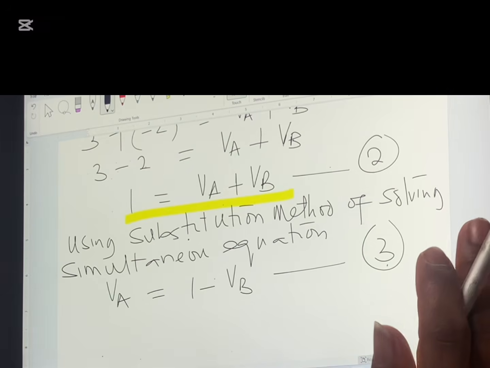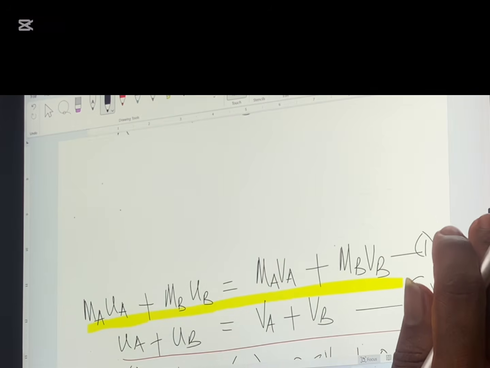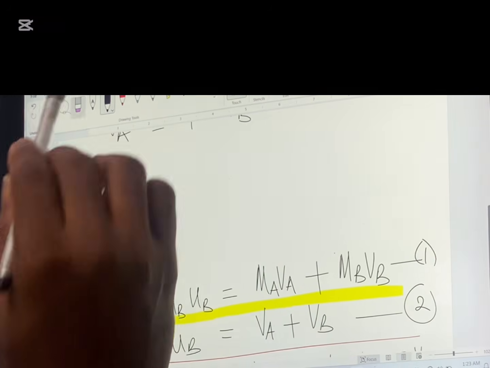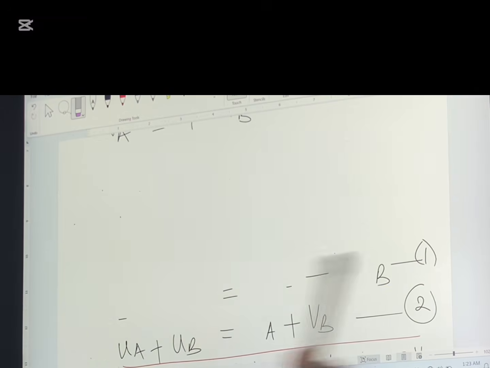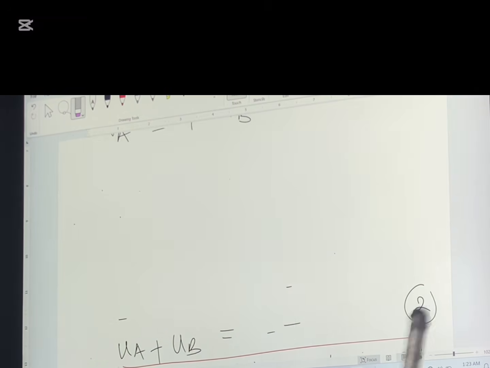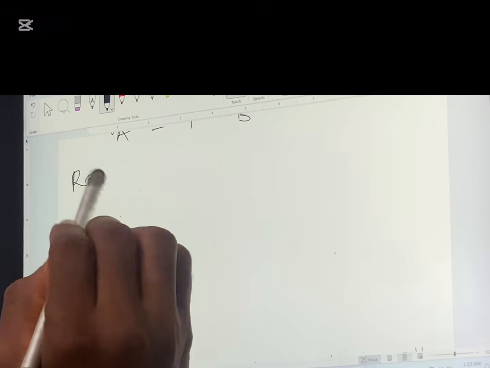So anywhere you see VA in equation 1, you replace VA as 1 minus VB. Okay, now let's replace VA as 1 minus VB in equation 1.